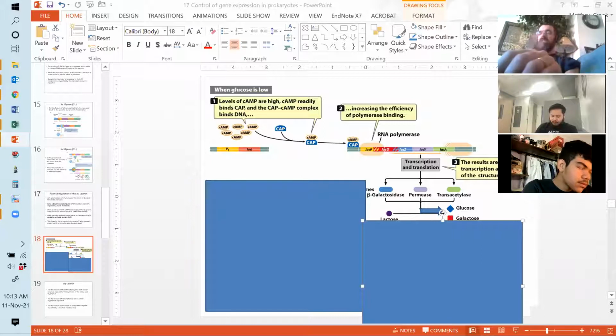Where you work through the different steps essentially to get the output. High cyclic AMP equals lots of CAP-cAMP, or cAMP-CAP, whatever you call it, equals very efficient RNA pol binding equals lots of lac operon expression.